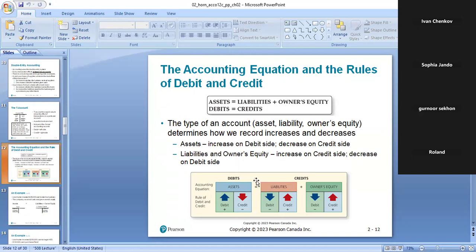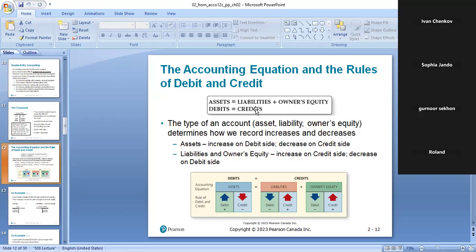We draw the T account between the assets and the liability and owner's equity. On the left side is always debit, the right side is always credit. So assets always have a debit balance, and liability and owner's equity always have a credit balance.